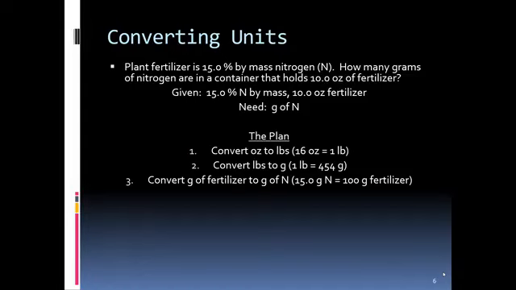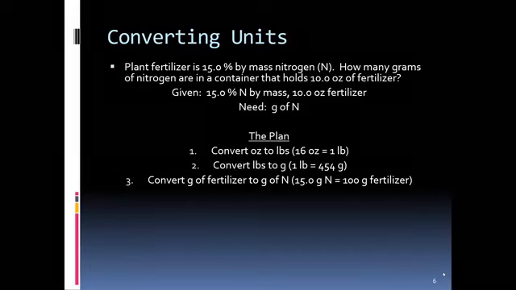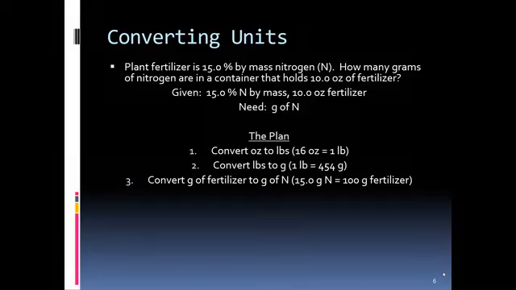Our plan in this case is going to involve 3 steps. Number 1, we're going to convert ounces to pounds. I note here that there are 16 ounces in 1 pound. If you didn't know this, you could look it up in your textbook or on the internet. Second step, convert pounds to grams.